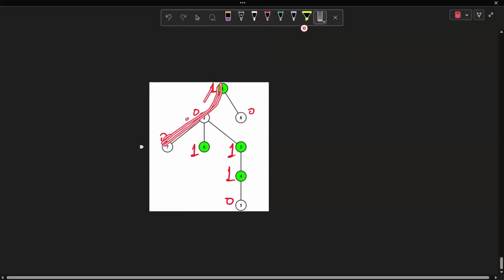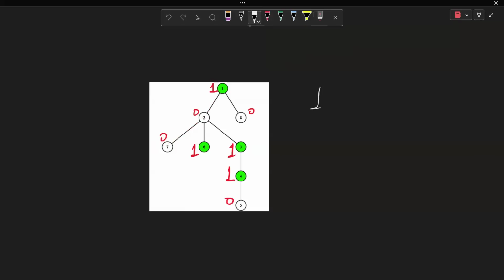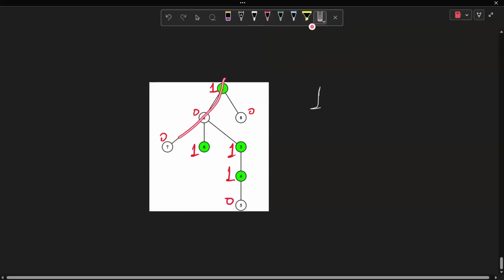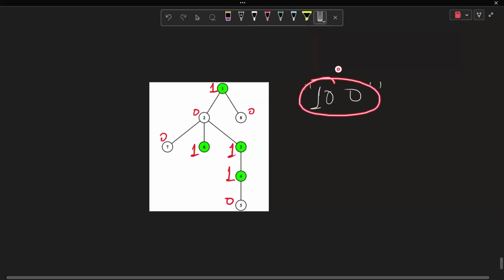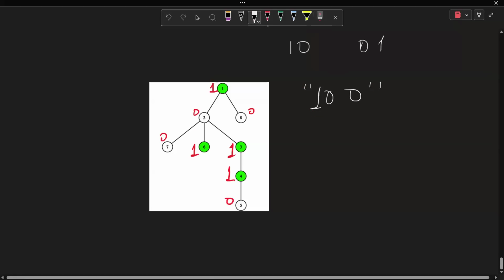While going from the root to this leaf, you obtained 1, 0 and 0, so you wrote 1 0 0. You would get a binary string here. Now in this string, you need to check the number of occurrences of 1 0 and the number of occurrences of 0 1. These two substrings you need to count and take the difference of them.